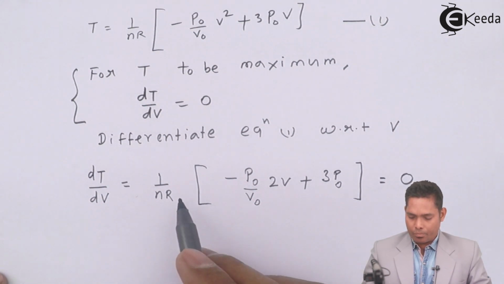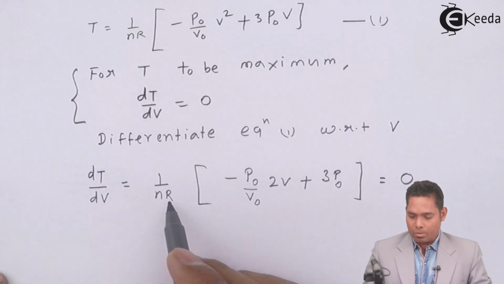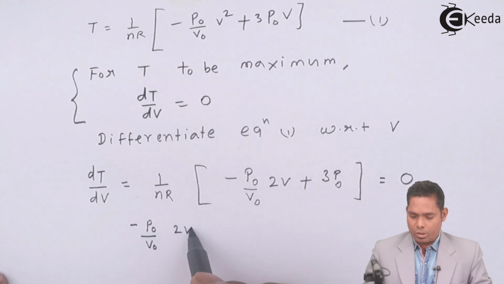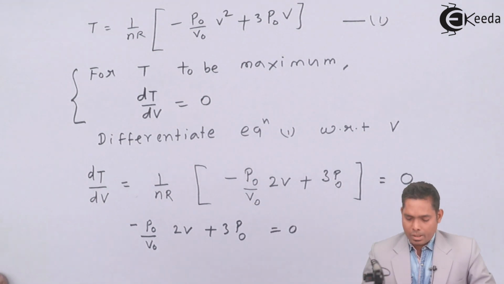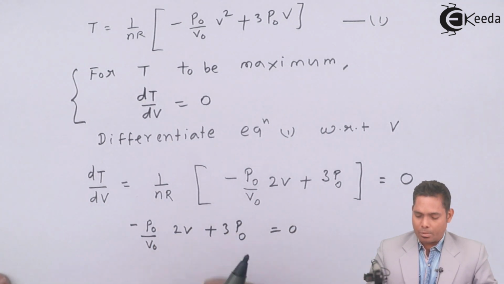Making this 0, I have this part equal to 0, because that will multiply here and become 0. So minus P naught by V naught times 2V plus 3P naught becomes 0. From here this goes to that side and becomes positive, so both sides are positive.